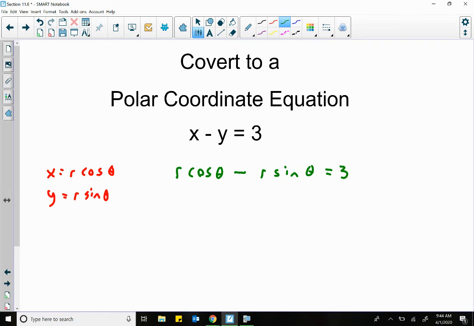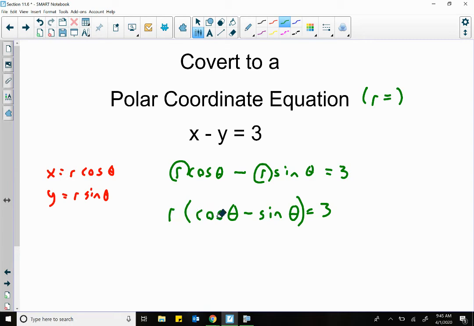For polar equations, they all have to be r equals. Now that we've got r in here, we've got no more x's and y's. All we have to do is get r by itself. Again, what do both of these terms have in common? They both have r. So pull that out as a GCF, and you're left with r times cosine theta minus sine theta equal to 3.